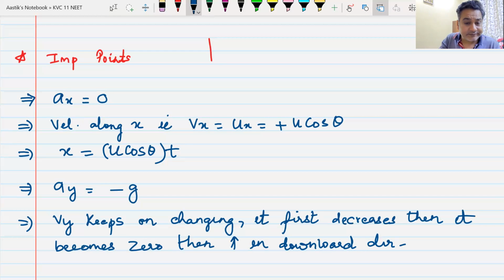Is it difficult to understand? Is it difficult to understand, beta? Have you understood this?